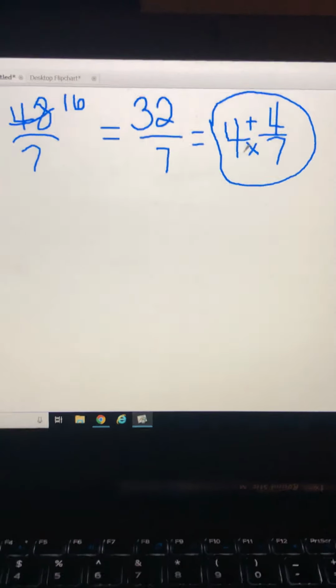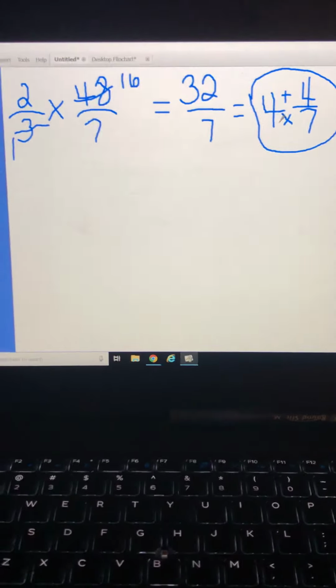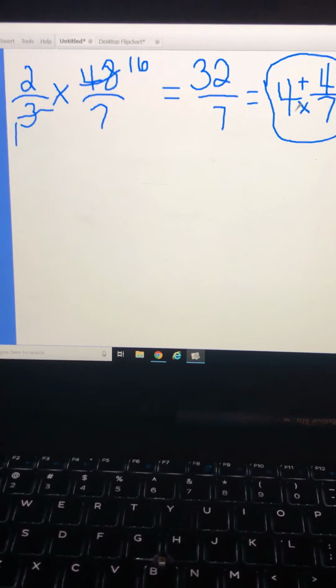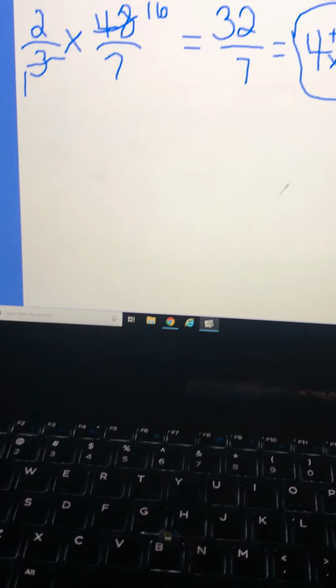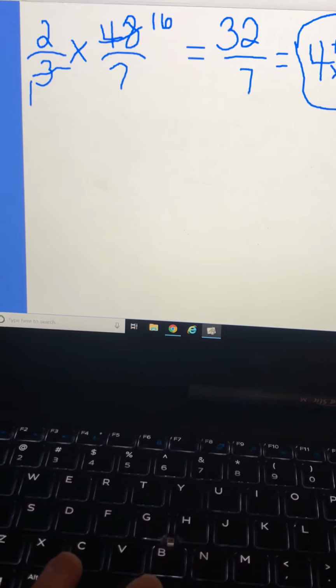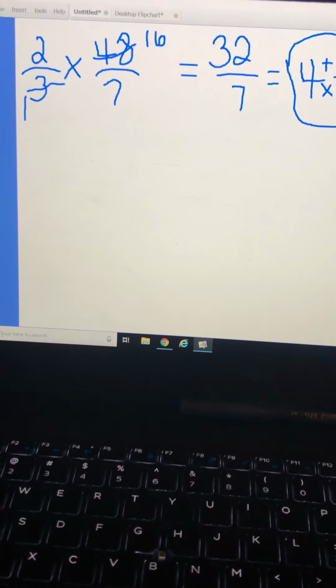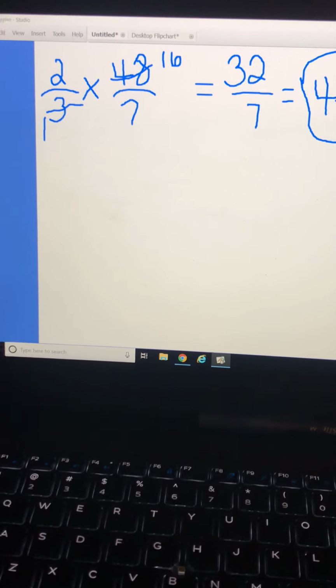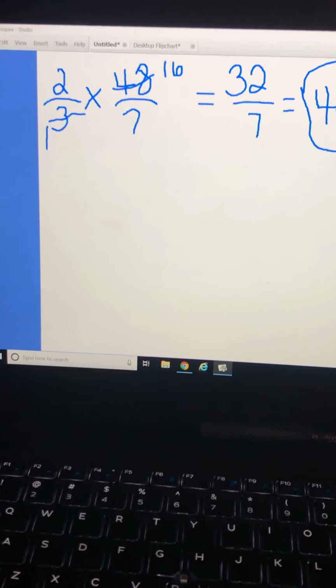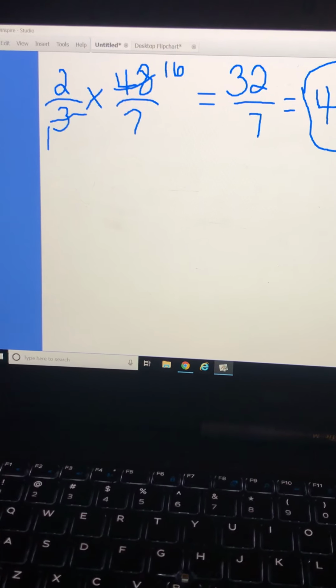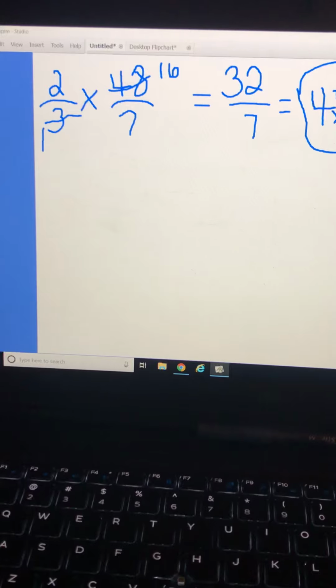You will need to work all of your problems out in your math journal, just as I just did on the screen. Now, let's go back to the original question. The original question said, is the product more than 2/3? Well, is 4 and 4/7 more than 2/3? It is, but why?